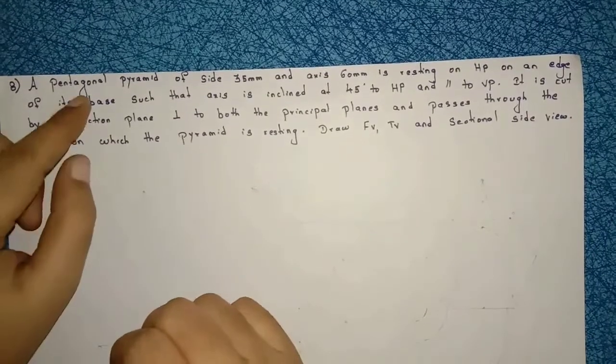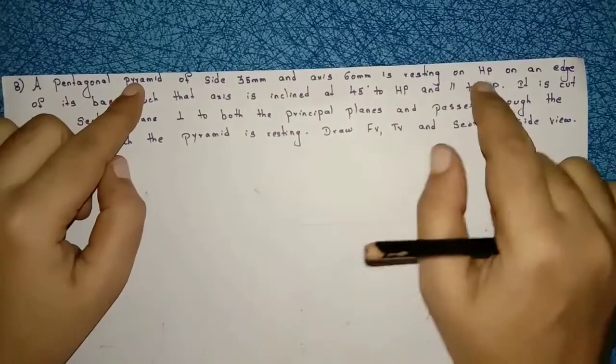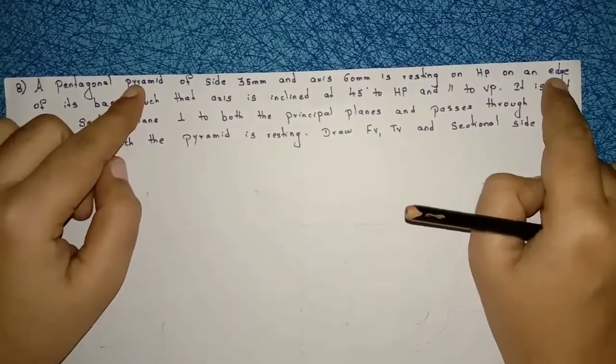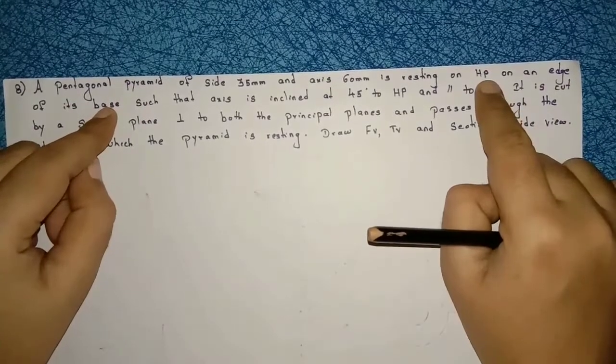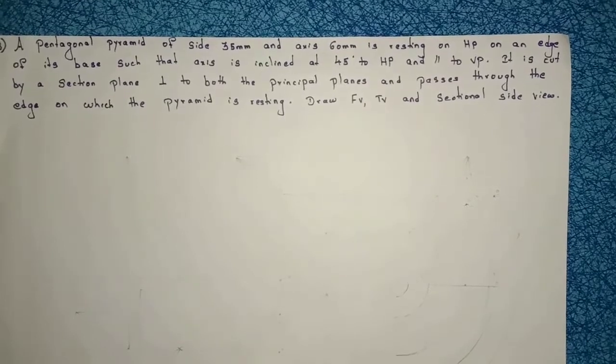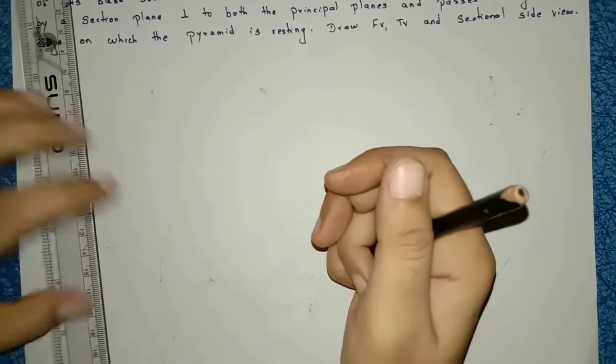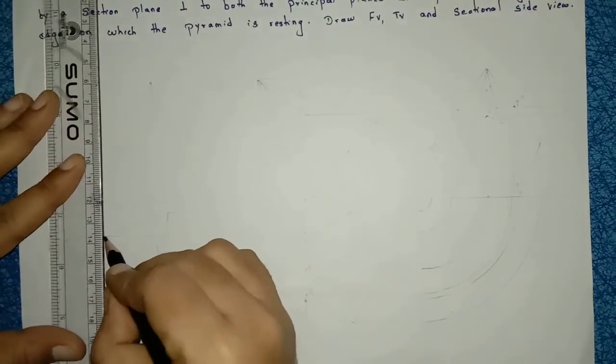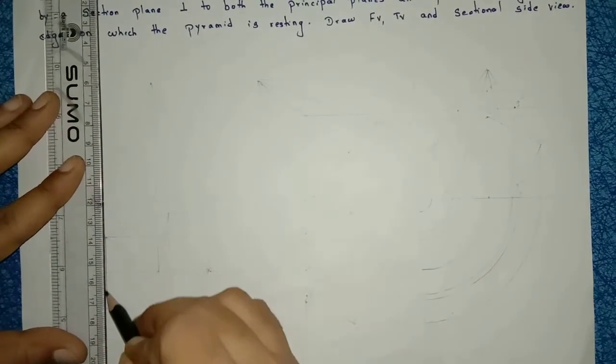So first of all, we are going to construct the pentagonal pyramid on HP. The condition is the edge of its base on HP. Right? So first, construct the pentagon. Edge on HP, so the length is 35 mm.